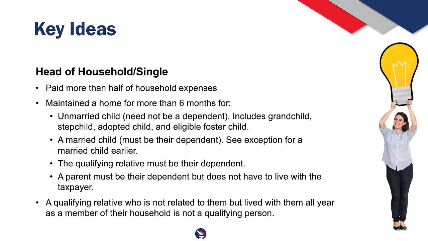A parent must be their dependent, but does not have to live with them for the head of household. The only time that this is not a true statement when we're looking at head of household is if we're doing considered unmarried. Then that one doesn't work. A qualifying relative who is not related to them but lived with them all year as a member of the household does not qualify you to file as head of household. There has to be a relationship aspect there.